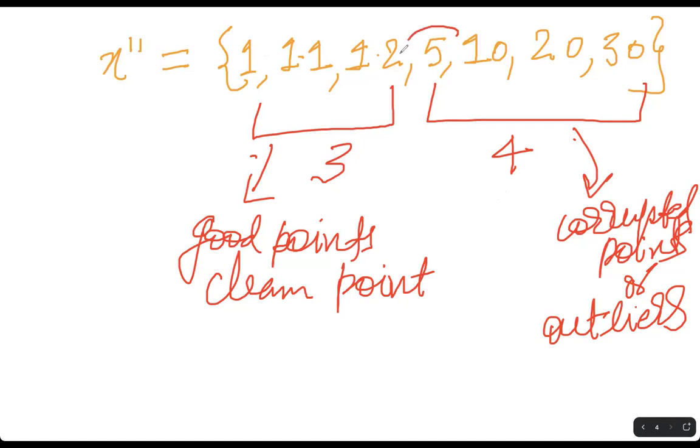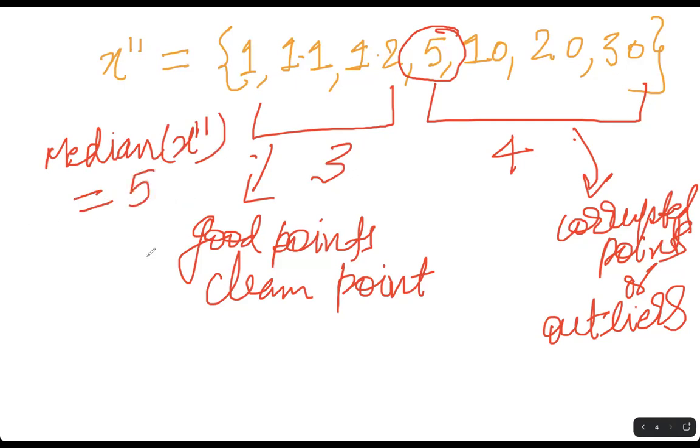So the fourth is my middle value because 3 values lie after this and 3 values lie before this. So here the median of X double dash is equal to 5. The central value here is the fourth one. So that's what it means.